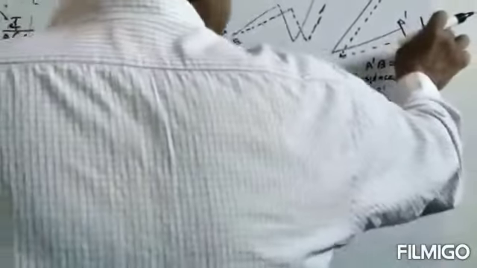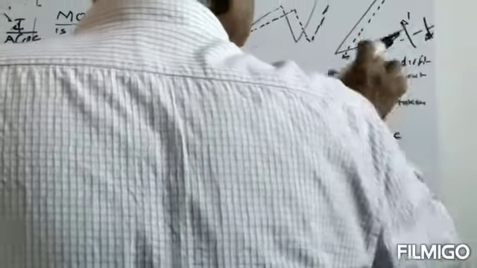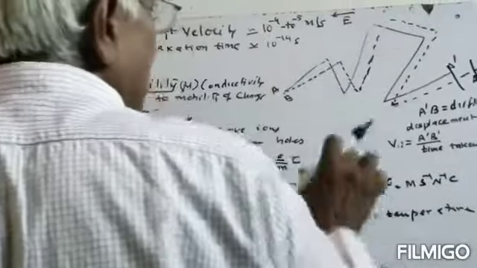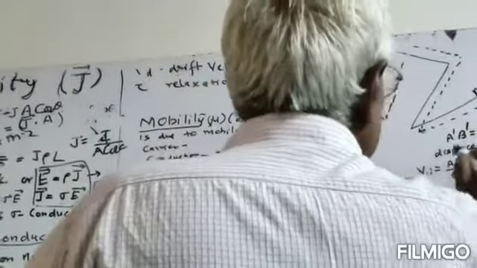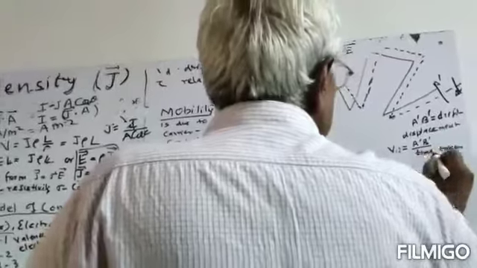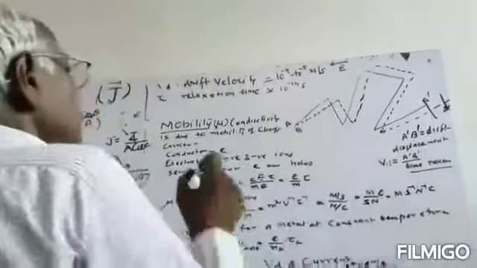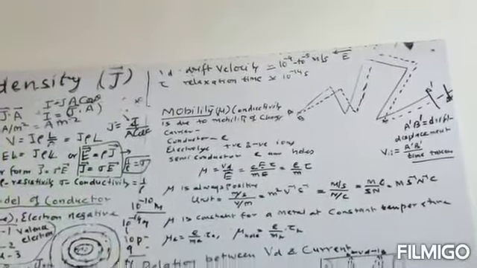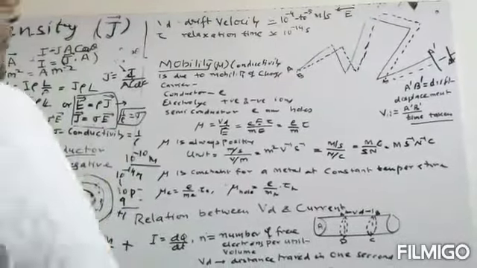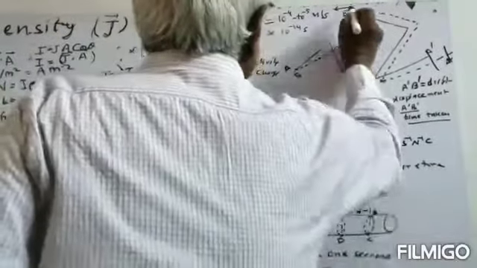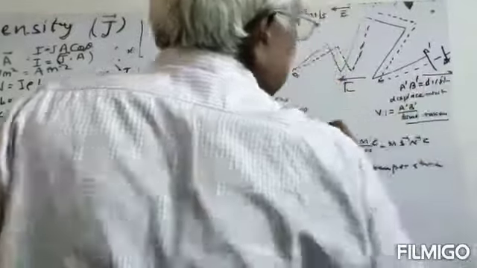This displacement gives the drift velocity. Drift velocity will be equal to this drift distance A dash B dash divided by the time taken, so this will be very small. In this way, when there is an electric field in this direction, the drift of the free electron is in the opposite direction.